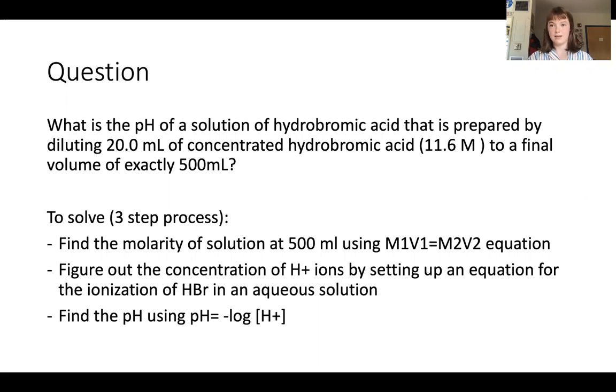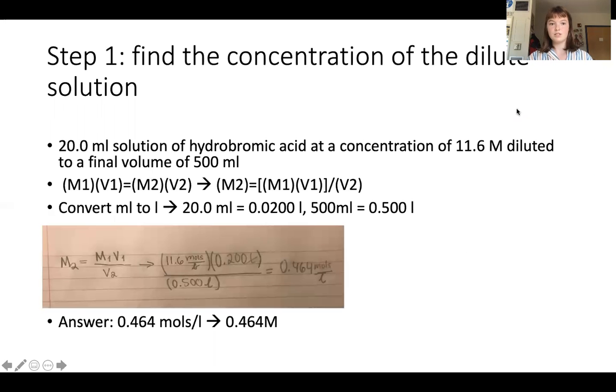of hydrogen plus ions. So for step one, we are given the initial volume and the final volume, as well as the initial concentration. And to solve this problem, we need to have the final concentration.